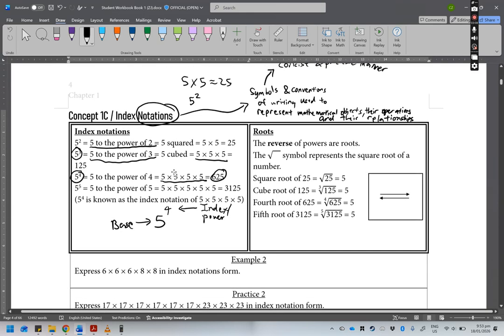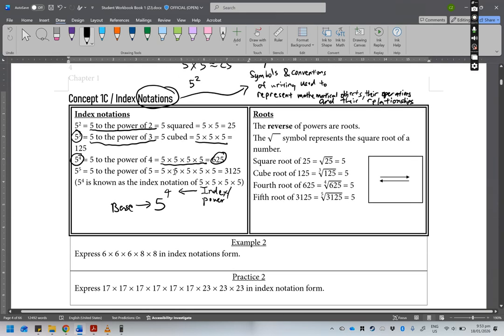Okay, and the opposite to power will be something we call the root, which is another notation. Okay, so the square root symbol represents the reverse operation. So we have 5 squared, which will give us 25, and then we have square root, which will give us the opposite, from 25 to 5.